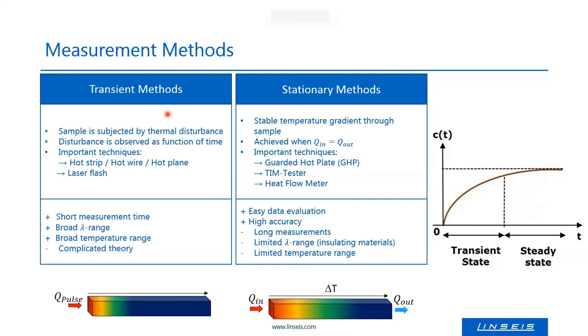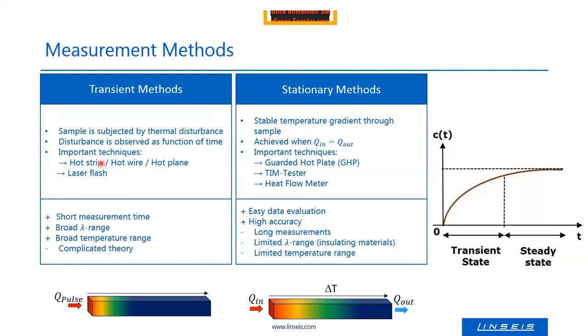The transient methods you can divide into, I would say, two different paths. One are the hot wire methods, and the other ones are the optical methods like laser flash or xenon flash.